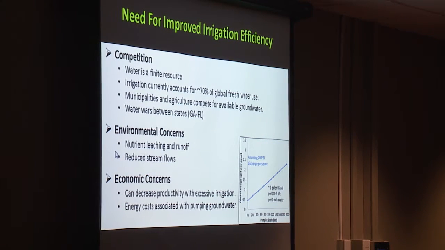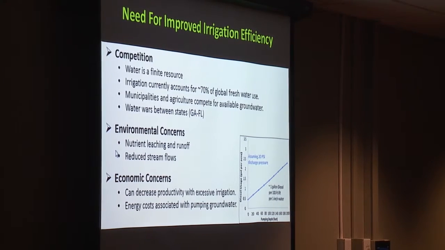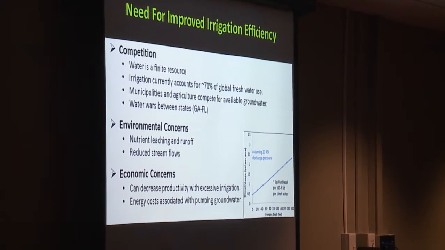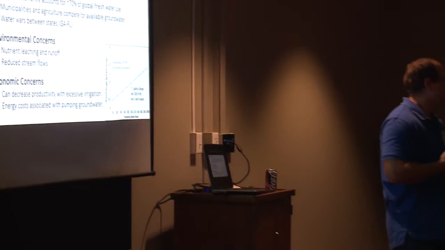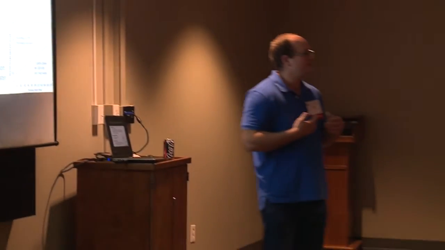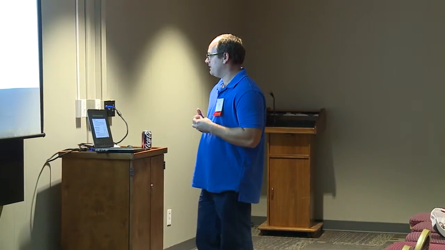There are environmental concerns, but of probably more immediate importance to our producers, there are also economic concerns. If water is being applied when it doesn't need to be applied, there's an energy cost associated with it, and that decreases net returns. We'll discuss some of that here in a minute.